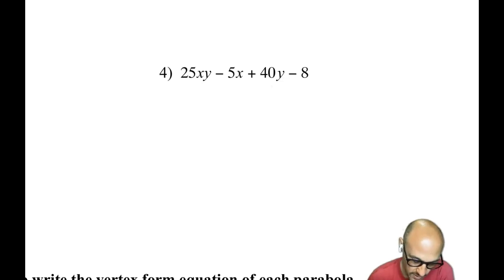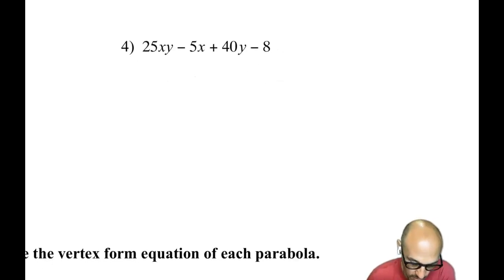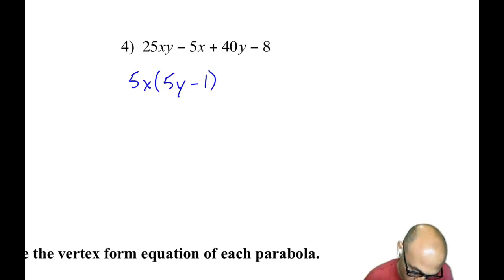All right, oh, this is kind of a different one. So what I notice here is that we have a 5x and a 25x, so we can factor out a 5x there, and it'll be 5y minus 1. And then since this is minus 1 in here, I can see that it's going to have to be an 8 that we're factoring out.